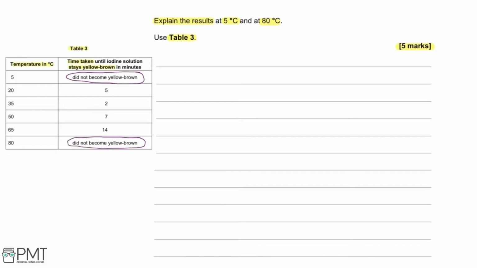And the bit of information that you need to be able to talk about this is the fact that iodine will turn a dark blue-black in the presence of starch, but it will remain yellow-brown if there is no starch. So your first statement could be that iodine is not yellow-brown, it would still be that dark blue-black colour, because the starch is still present. It has not been broken down by the enzyme amylase.